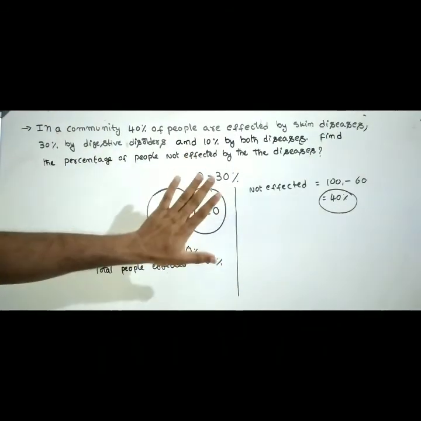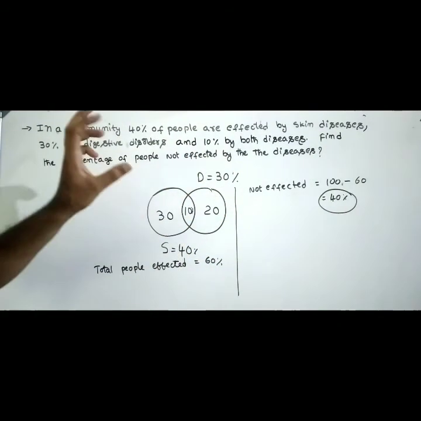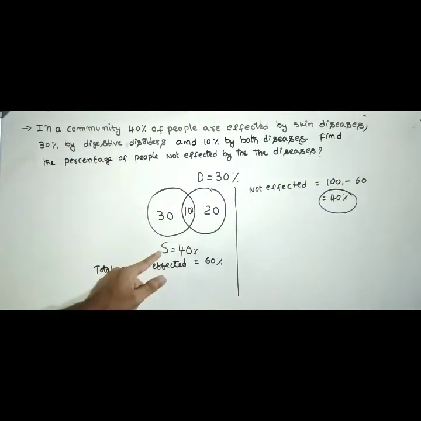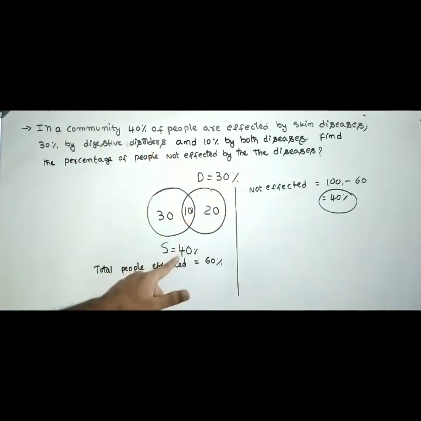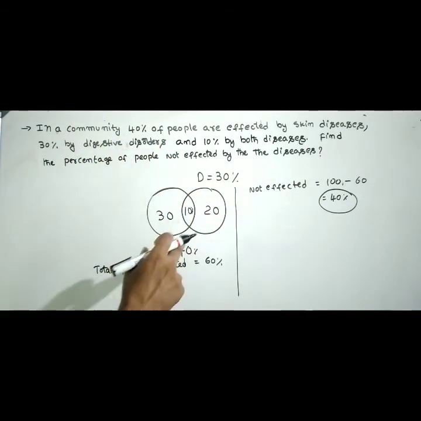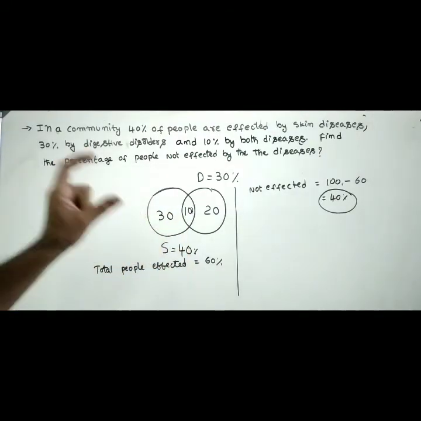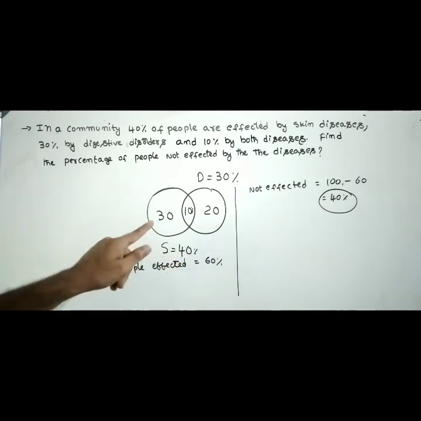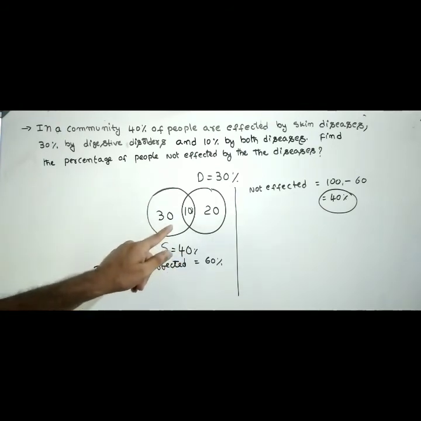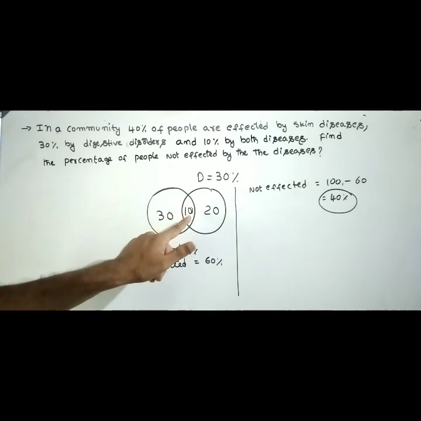See friends, first we have to calculate like this. How many affected due to skin diseases? How many affected due to digestive disorders? So 40%, 30%. Both affected is 10%. Here we have to calculate only affected due to skin diseases, means total affected skin diseases minus both diseases.